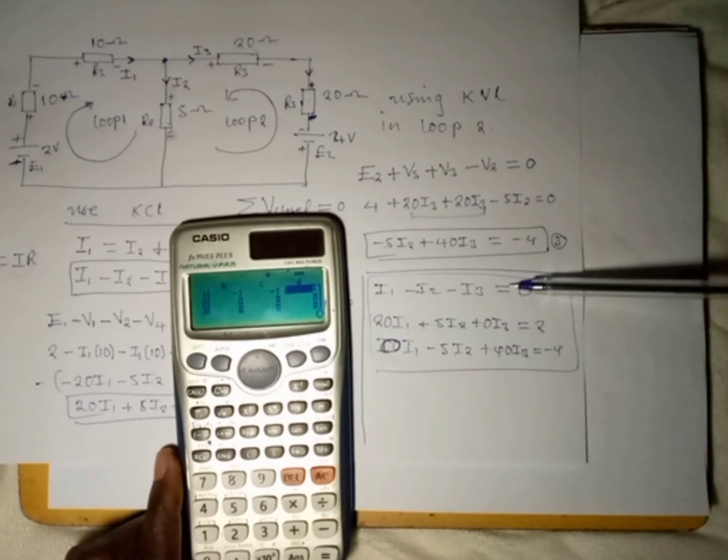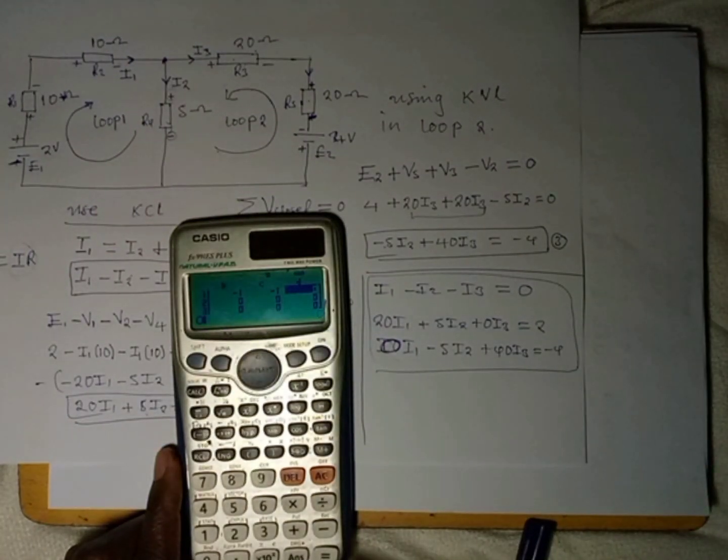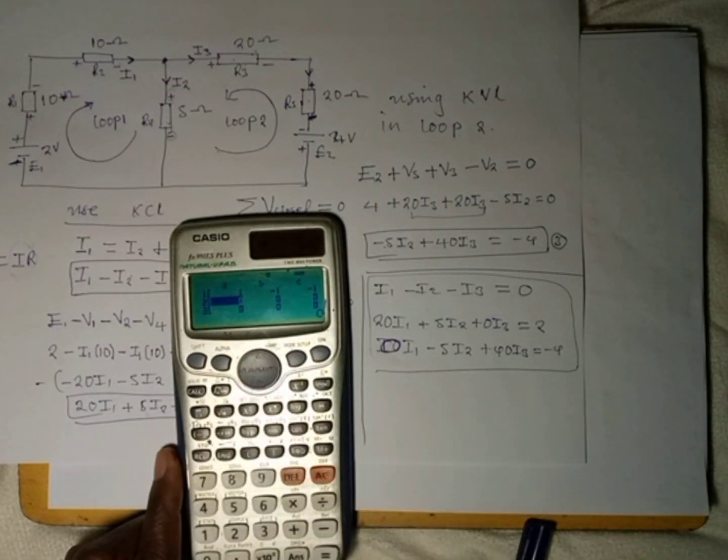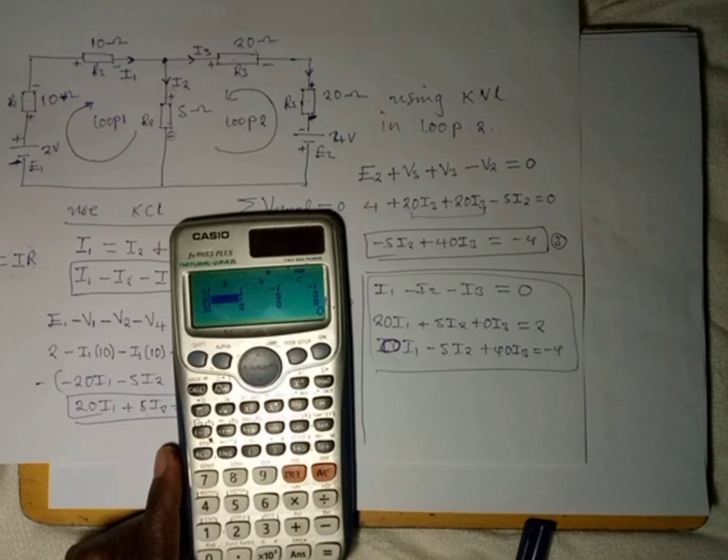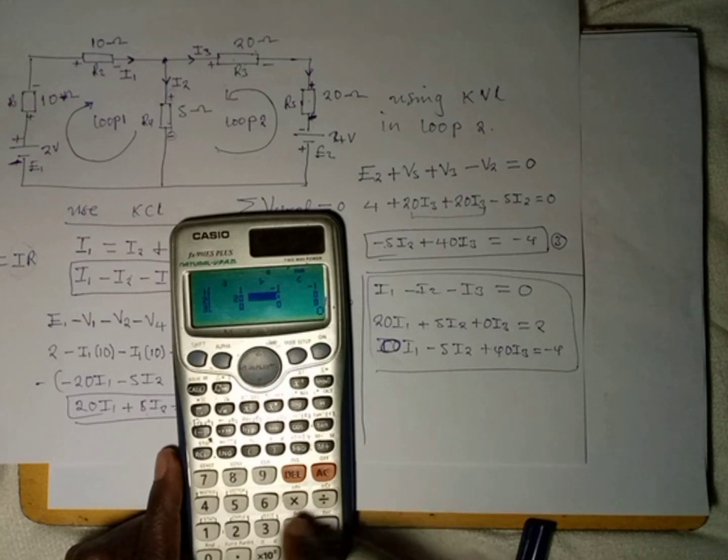Then on the part of equal sign, we have a 0. The moment you enter this, it will come to the second row. Okay, so we have 20, we have 5, we have 0, we have 2.